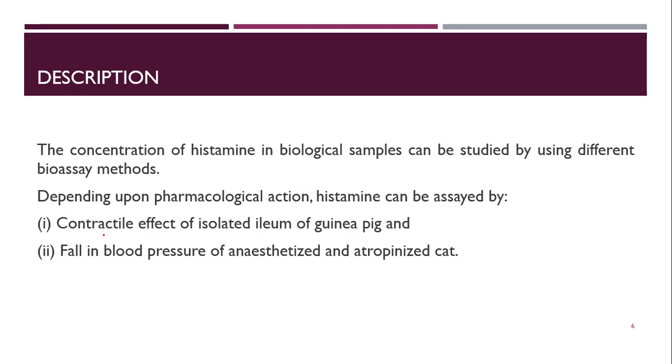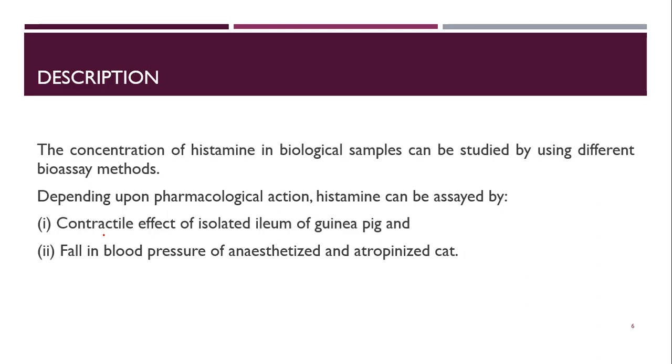So what is an atropinized cat? An atropinized cat means the cat in which we have already injected atropine. You know atropine, what is its pharmacological category, what effects it produces, everything you know.